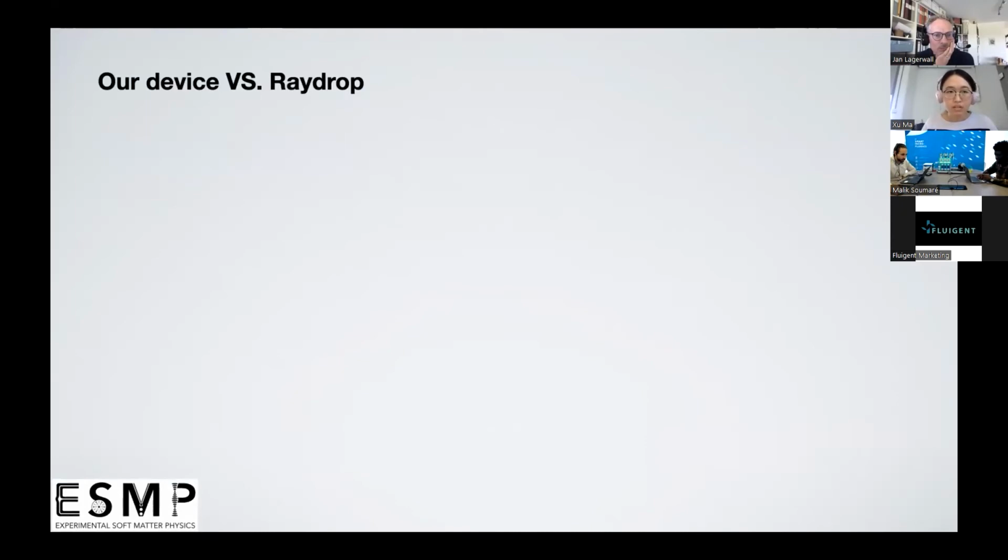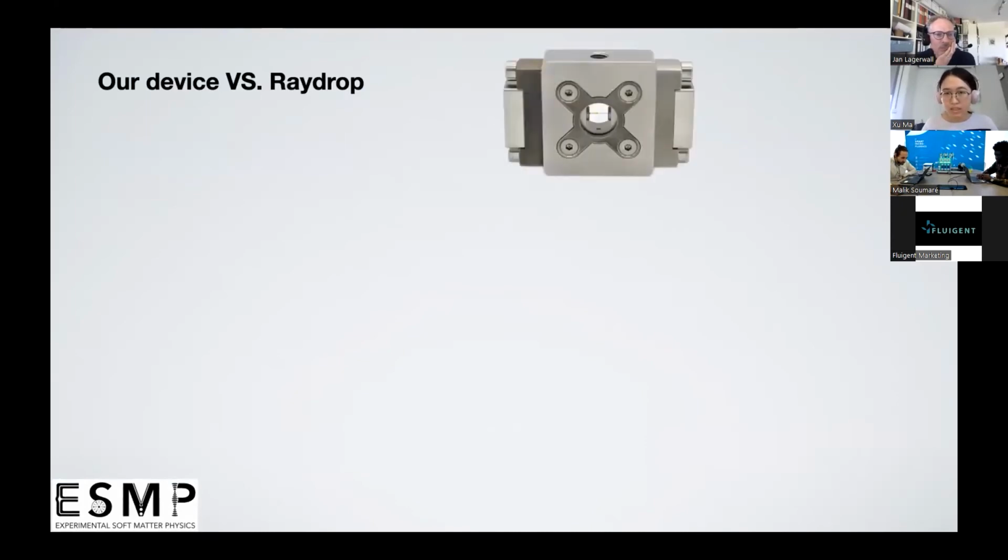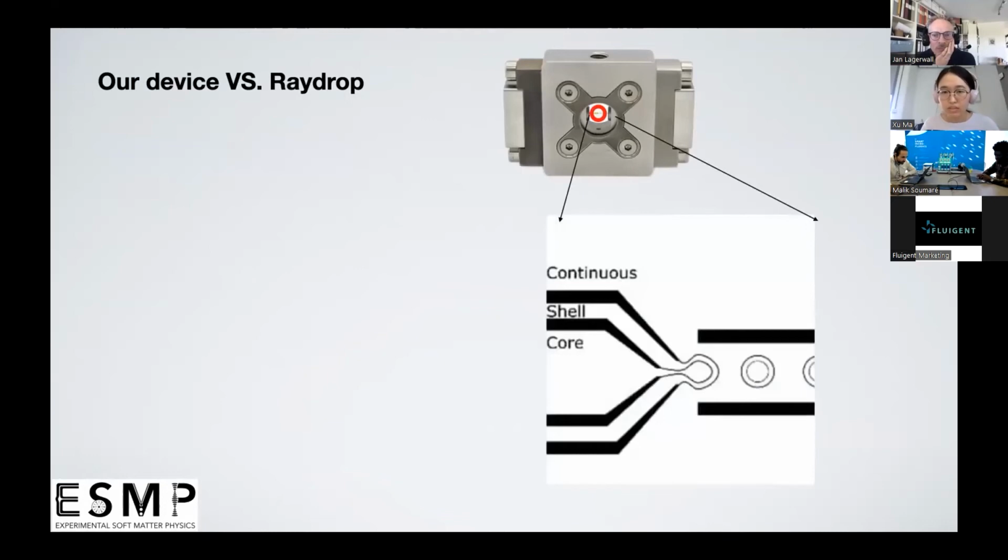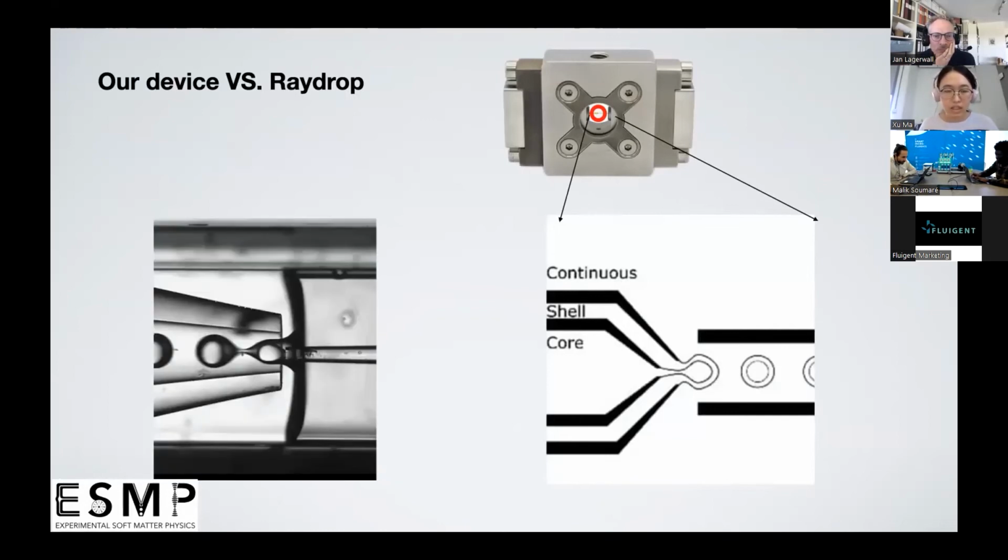To compare our handmade device with the Rejob device, here is a Rejob device. Let's have a close look at the inner structure. Here is the inner structure of the Rejob device, and here is our handmade device during our production.